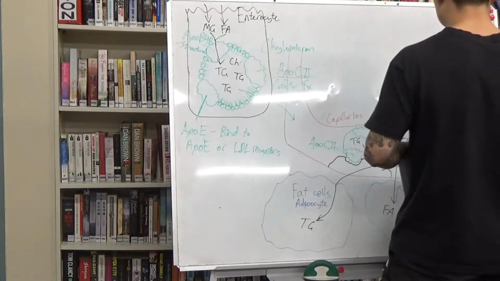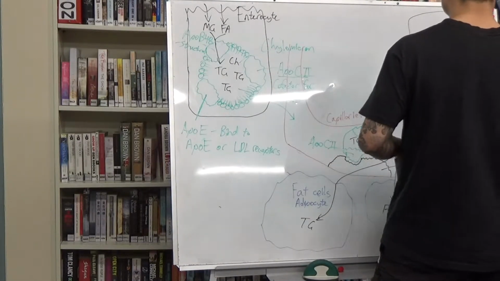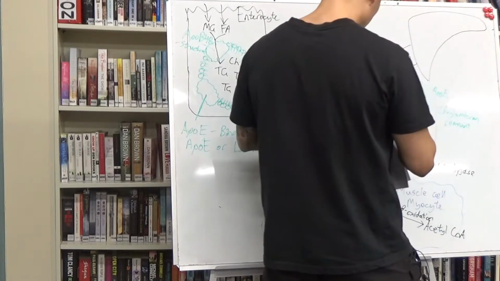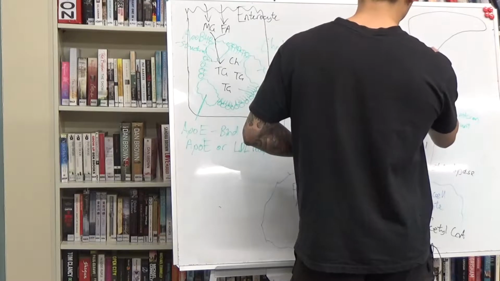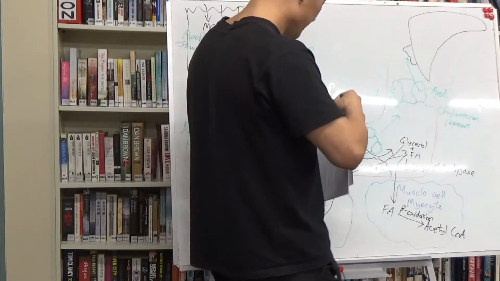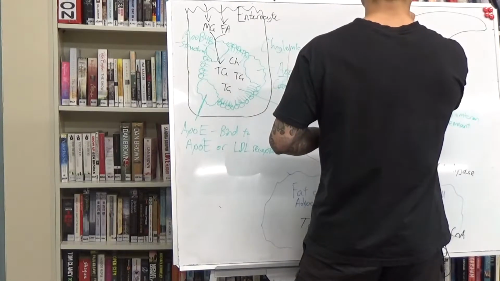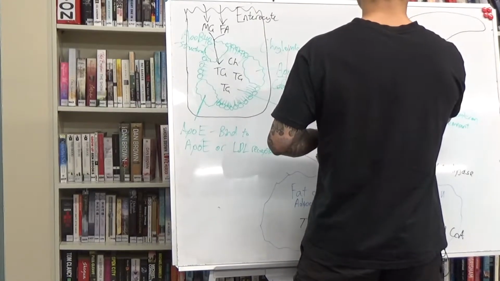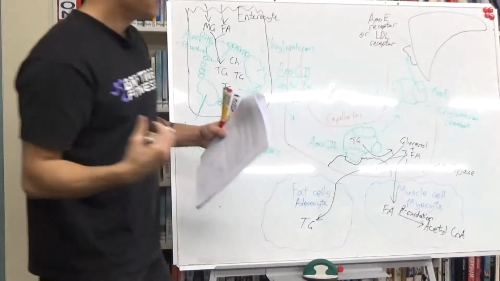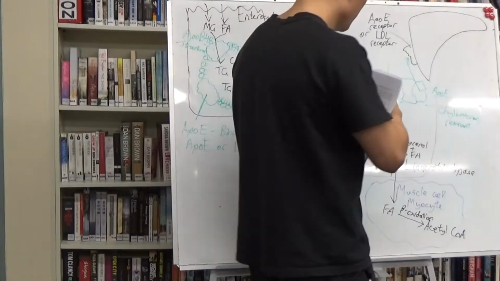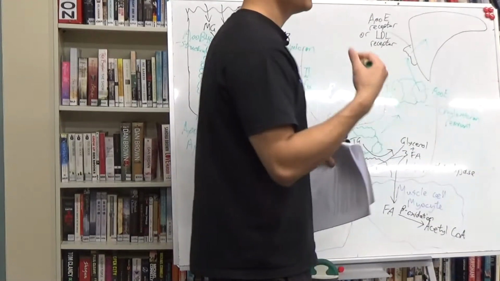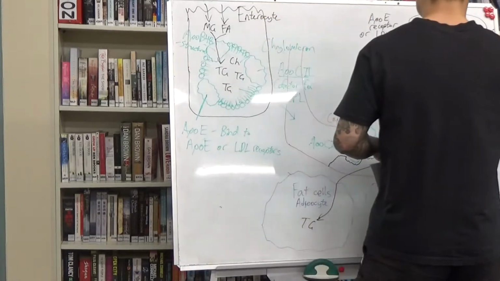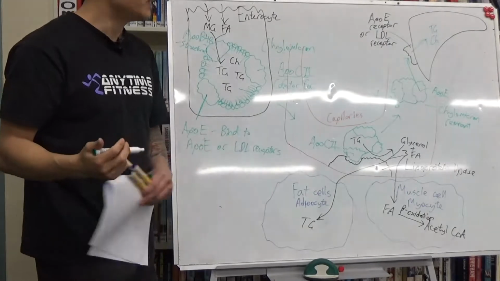and so now it'll come to the liver, and there'll be ApoE receptor on the liver, so it's going to bind to that ApoE receptor on the liver, or it could be an LDL receptor as well, and then that's going to be taken up by the liver and just broken down, and there'll be a little bit of triglycerides left over, and you'll also have some cholesterol that was in that chylomicron.